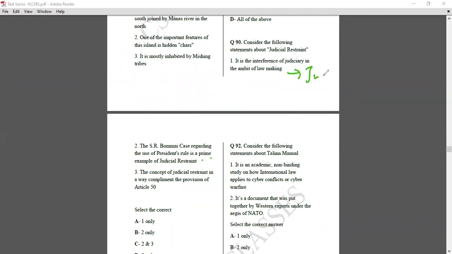First of all, the interference of the judiciary in the ambit of lawmaking is the definition of judicial activism. It is not judicial restraint. Judicial activism or judicial overreach means the judiciary is interfering into the work of the legislature. That is judicial activism. So one is wrong. Either 2 or 2 and 3.